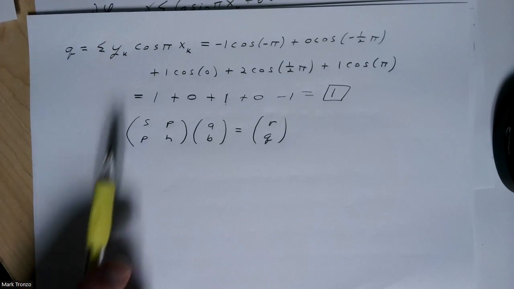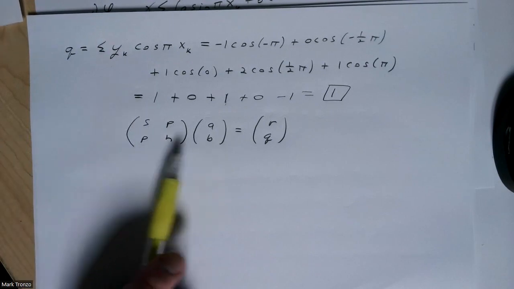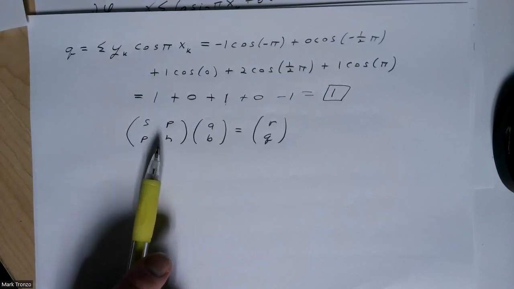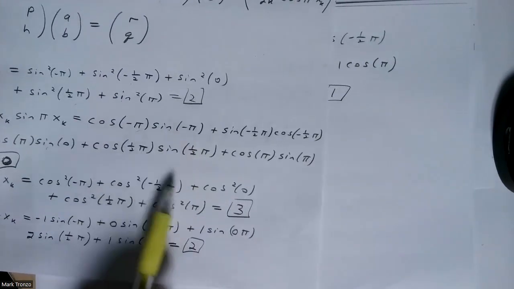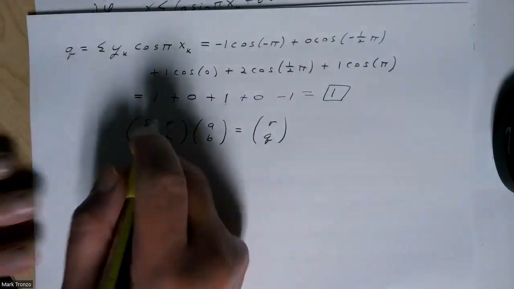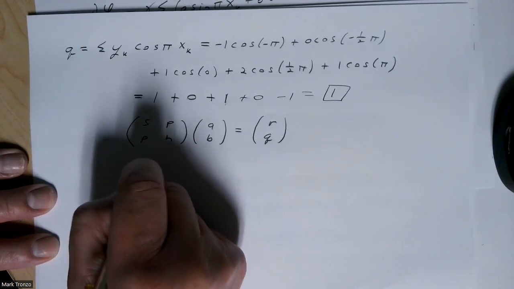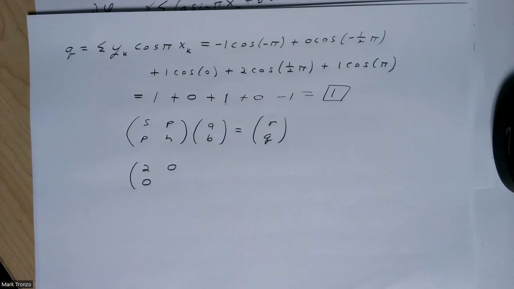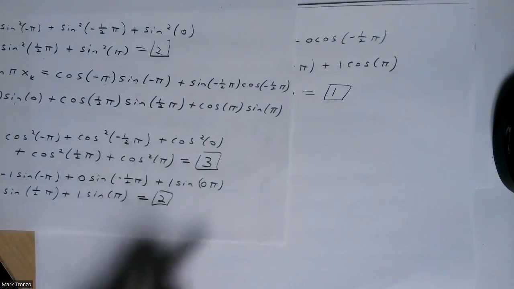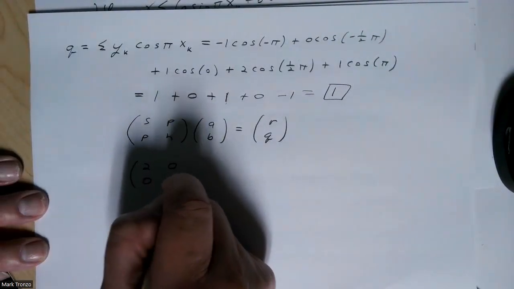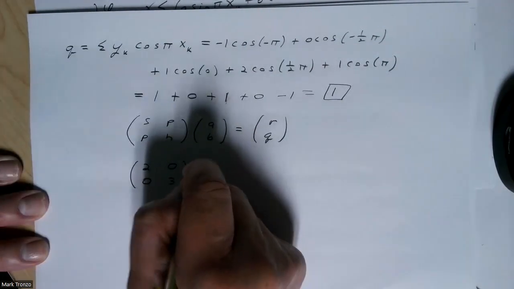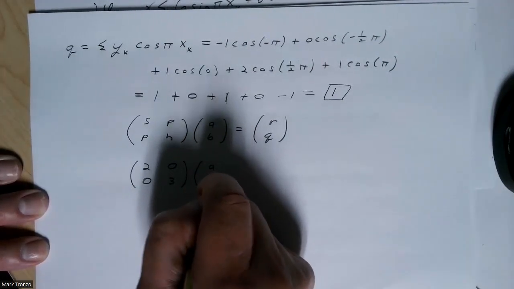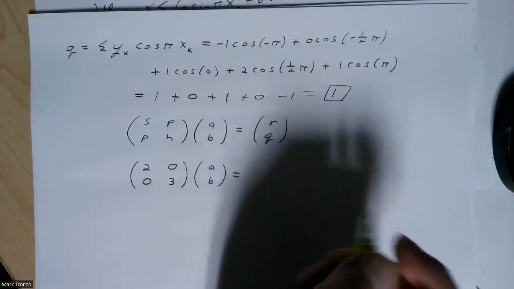So let's plug in our values. Again, this was the system that we had, and we just found that S was 2, P was 0. Then we had H was 3. And then R was 2, and Q was 1.